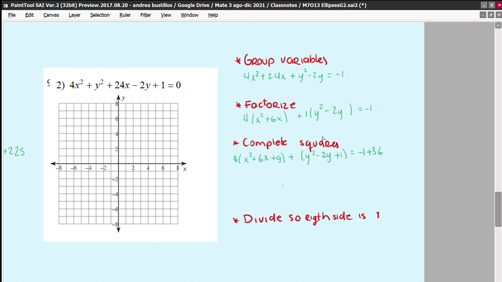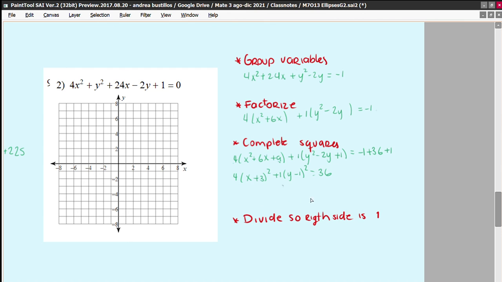And on this side, this is 1 times the factor, which was 1. So if I condense this trinomial into a binomial, this is x plus 3 squared plus 1 times y minus 1 squared. And on the right side, we have 1 plus 36, so this is just 37.